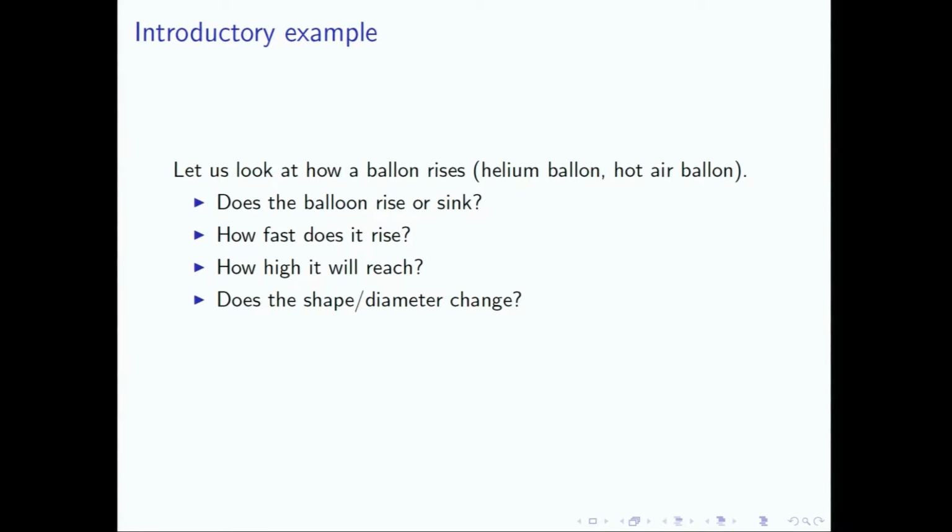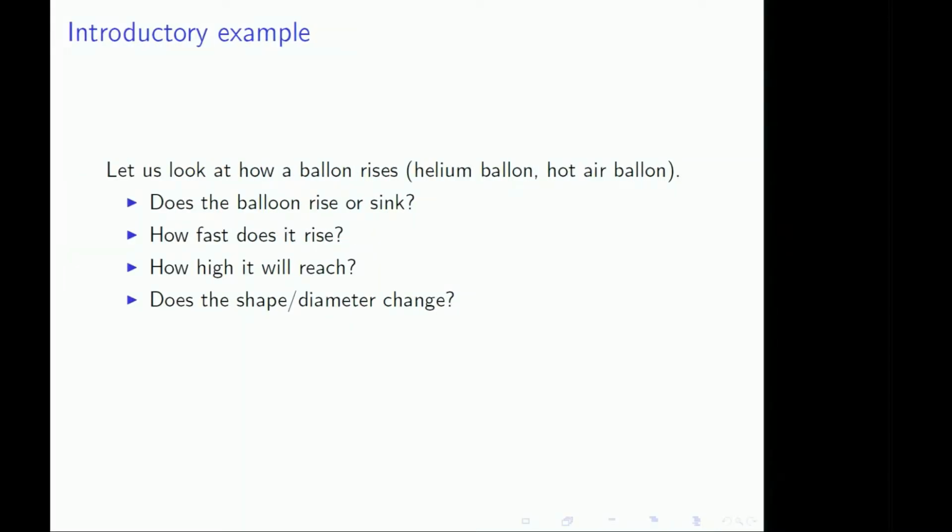It can be a helium balloon, hot air balloon, a balloon that typically rises when it's let free. Does it rise? Does it sink? If it rises, how fast does it rise and how high will it eventually reach, and what happens during that process? Does it expand? Does it change its shape, and so on?